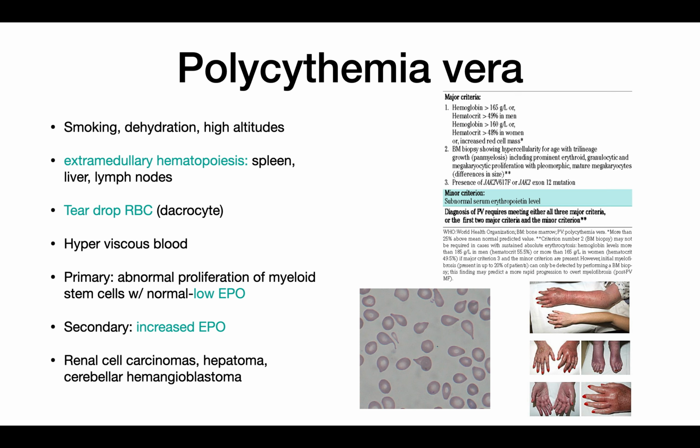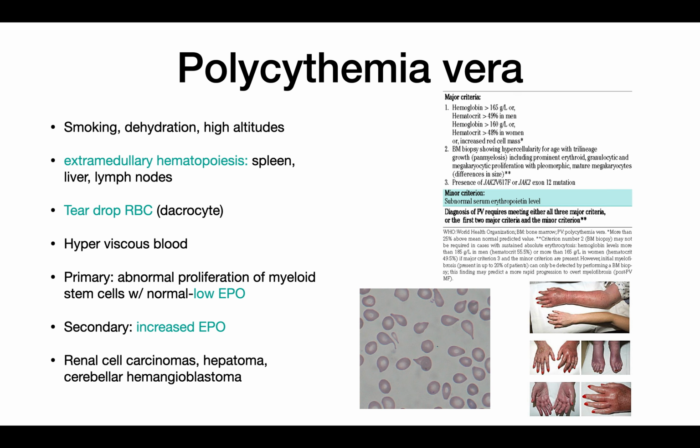Polycythemia vera is going to be caused either by smoking, dehydration, or physiologically it's going to be caused by dehydration or high altitudes, where there is extramedullary hemolysis, in particular the spleen and the liver. It's going to be characterized by dacrocytes and hyperviscous blood.